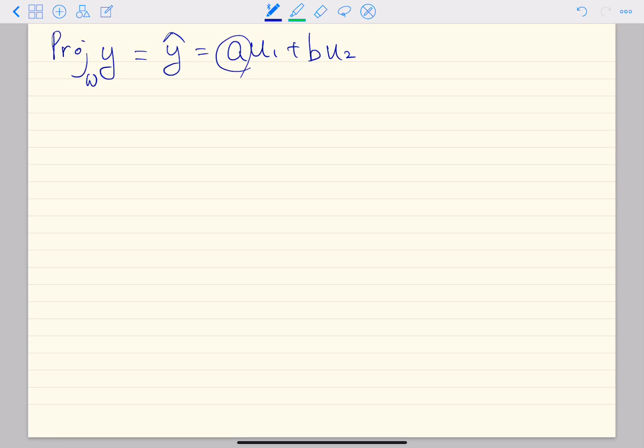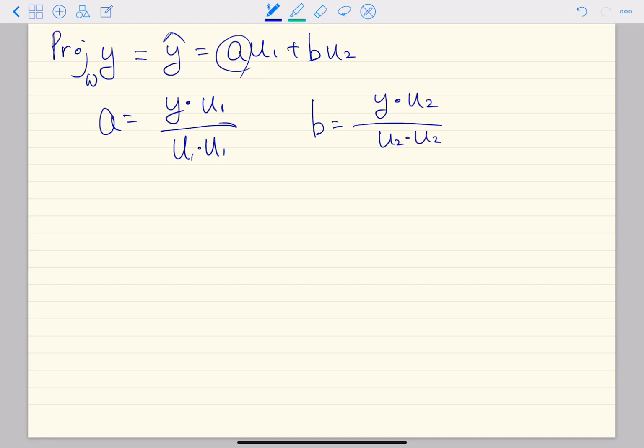And what was the formula to obtain A and B? If you remember, we consider y dot U1 over U1 dot U1, right? And B is independently obtained in the same manner. Here, what was the requirement?